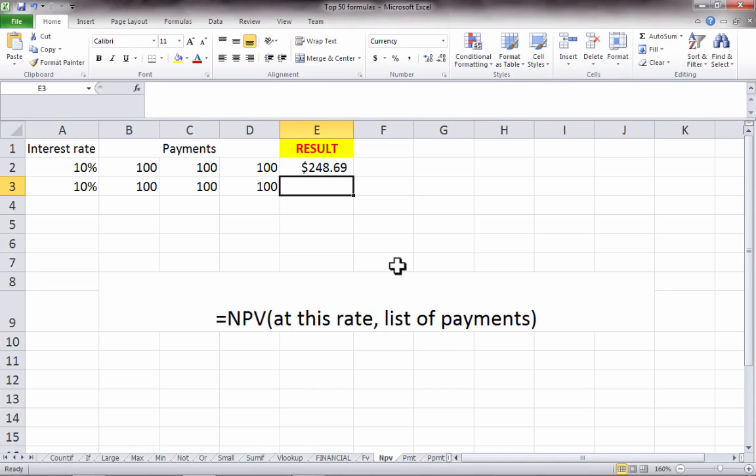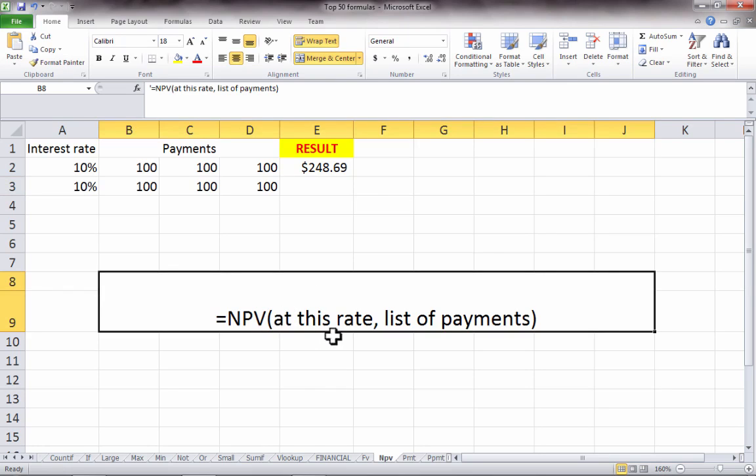Next is NPV. NPV stands for the net present value. So for NPV, you place in the rate, so let's say the interest rate, and then a list of payments.